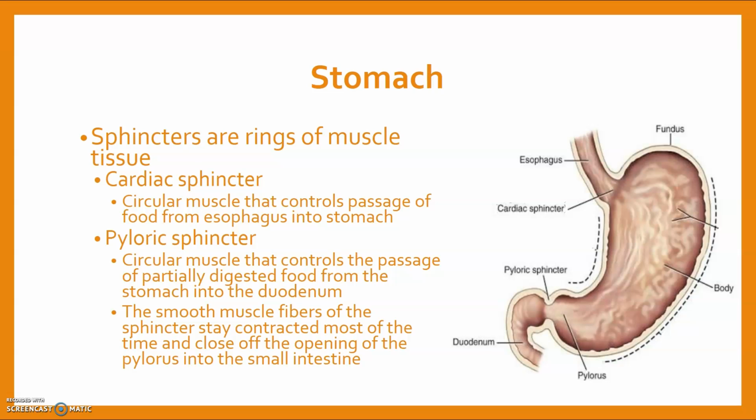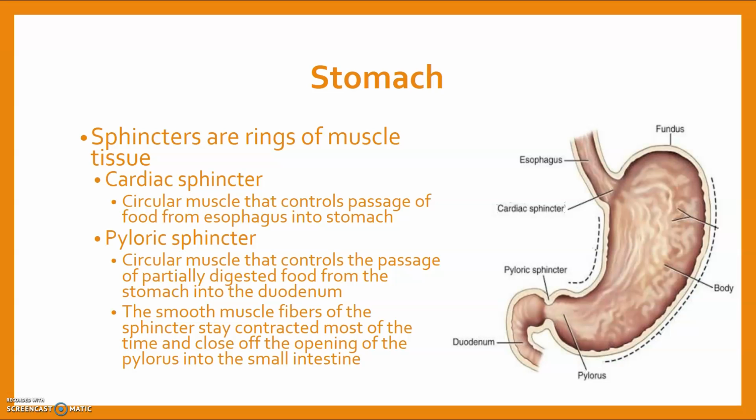Next, we're going to talk about the 2 sphincters that are found in the stomach. Remember that sphincters are rings of muscle tissue. You have the cardiac sphincter. The cardiac sphincter is the circular muscle that controls the passage of food from the esophagus into the stomach. And then you have the pyloric sphincter. This is the circular muscle that controls the passage of partially digested food from the stomach into the duodenum.